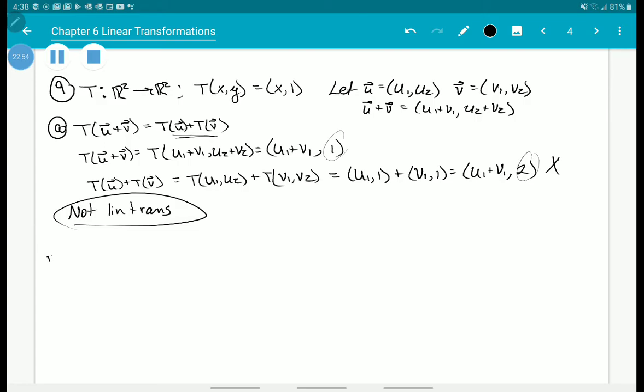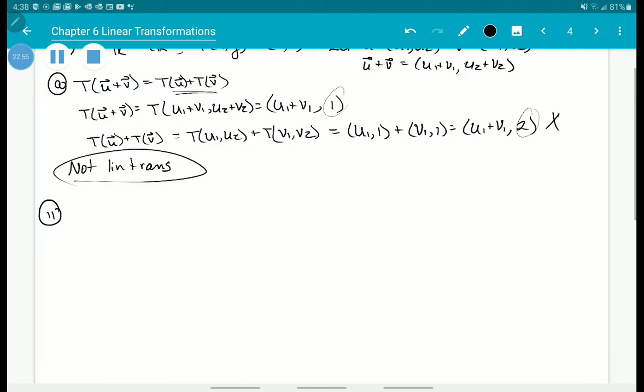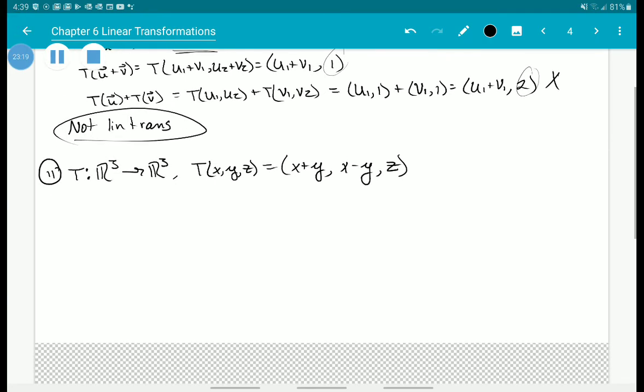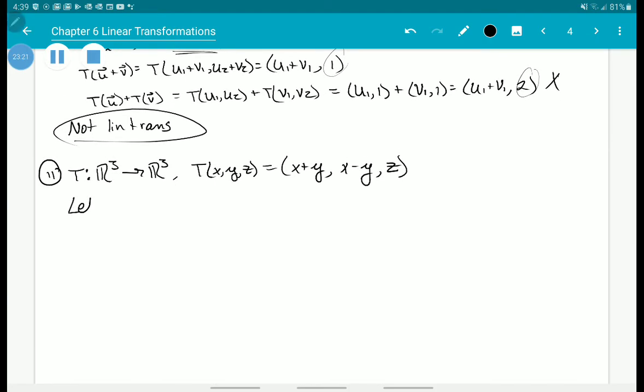We look at 11. We are going from R3 to R3. We're looking at the transformation of x, y, z is equal to x plus y, x minus y, and then z. So I'm going to come up with 2 generic vectors again.